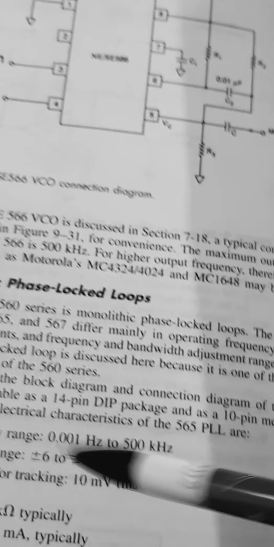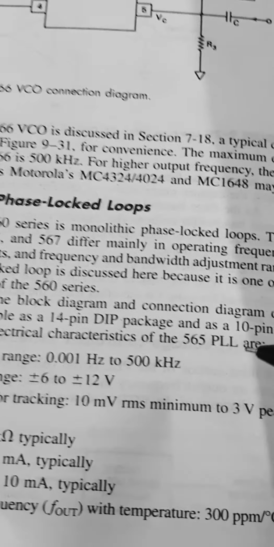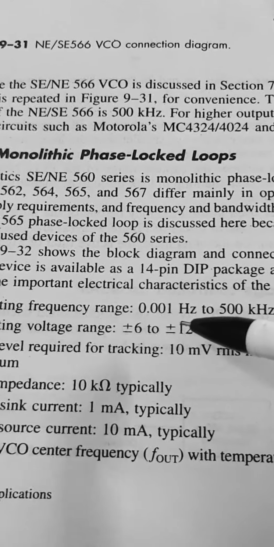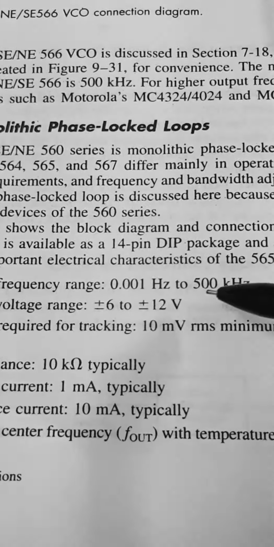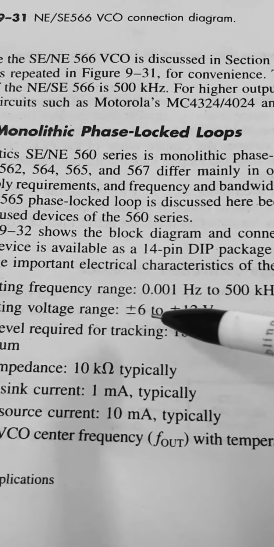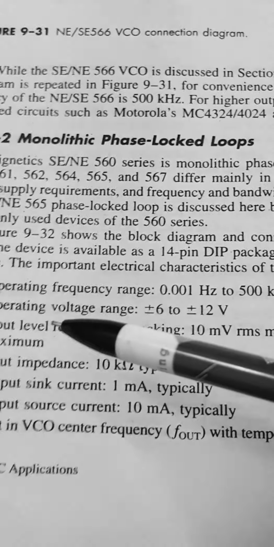Now the important electrical characteristics of the 565 PLL are: operating frequency range 0.001 Hz to 500 kHz. Operating voltage range is plus or minus 6 to plus or minus 12 volts.